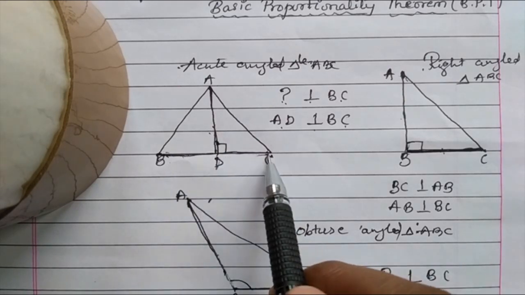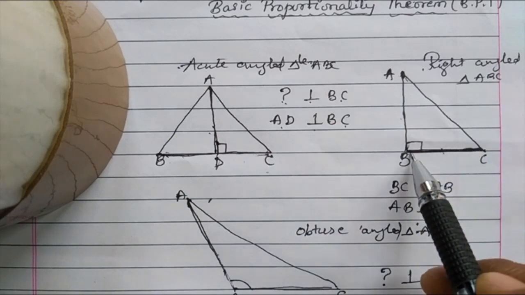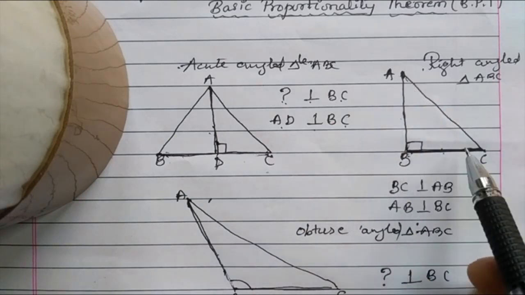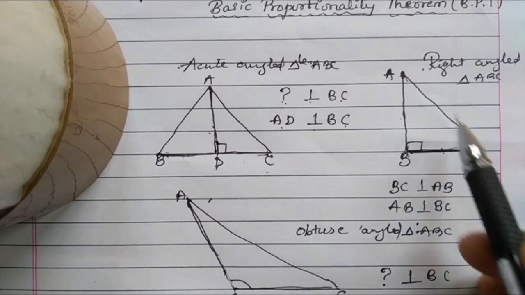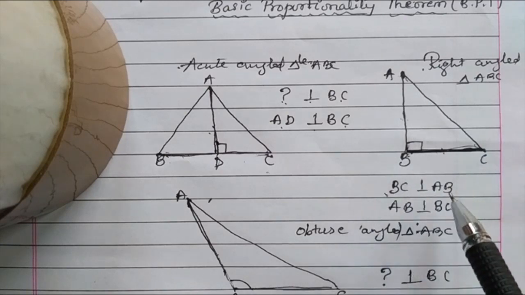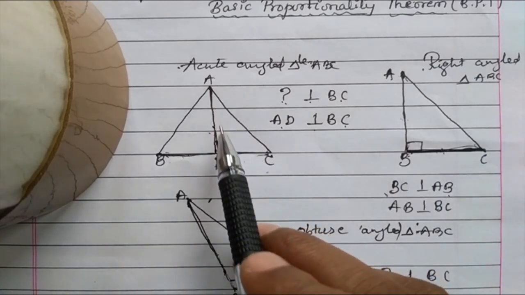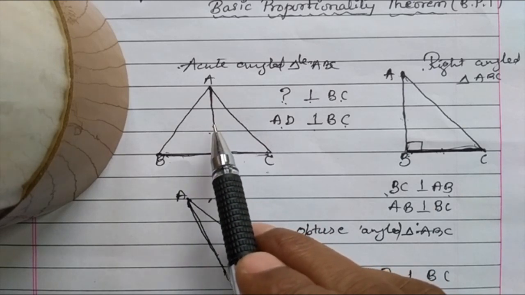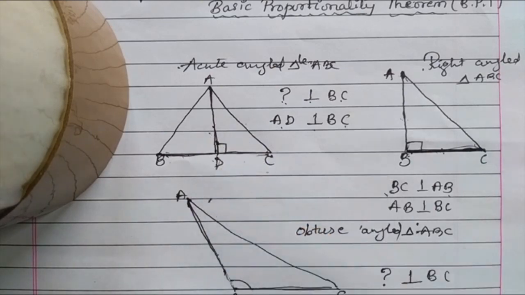BC is a side and AD is perpendicular to that. But in right angle triangle, BC and AB both are sides of the given right angle triangle. So here the two sides are acting as base and height. But in the first example, one side is a base and another is not a side, but it is perpendicular to that within the triangle, inside the triangle.